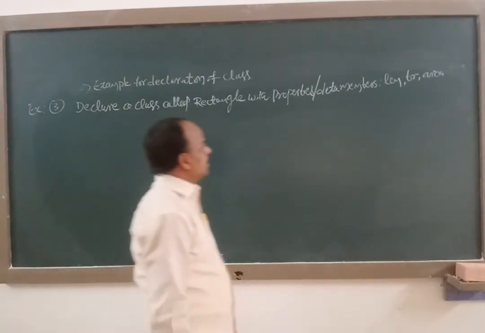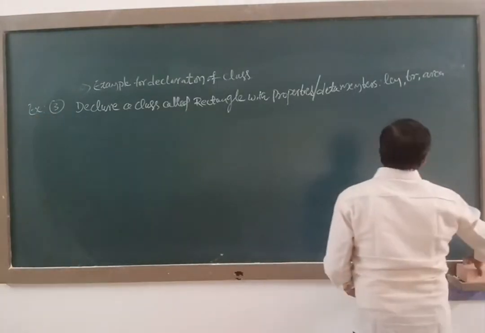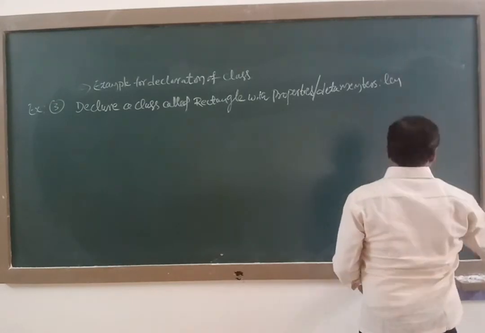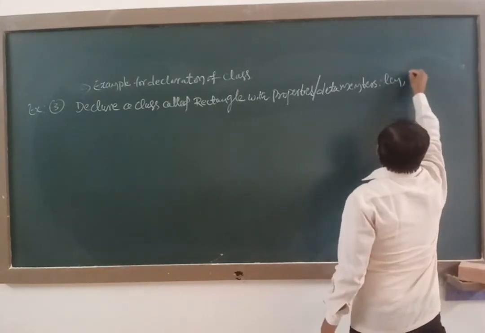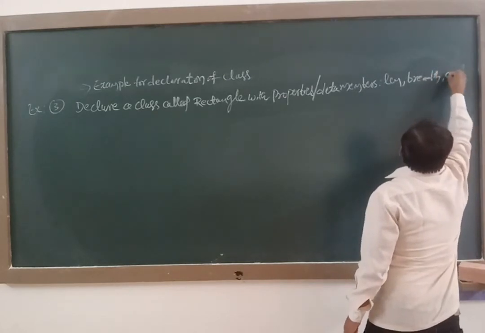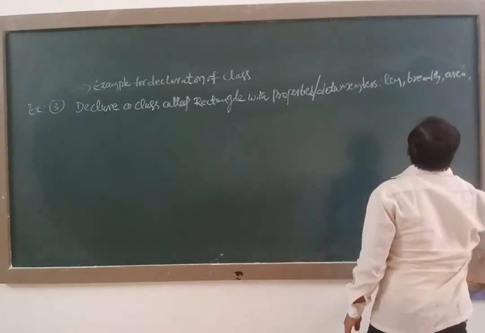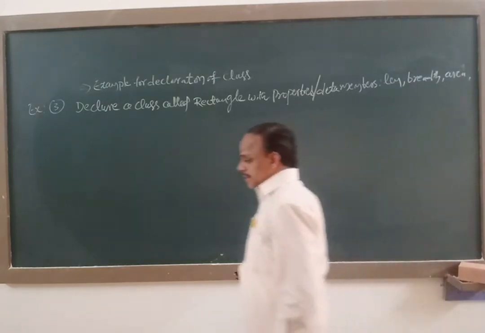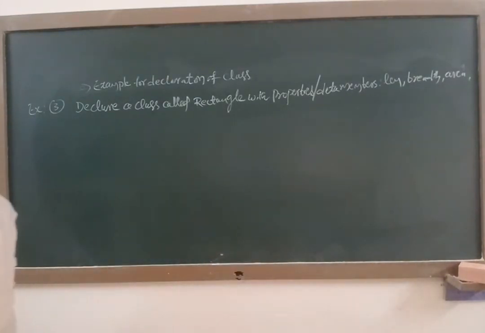Or else you can write them in full form: length, breadth, area. So what is the given data? Consider a class called rectangle with the properties such as length, breadth and area.